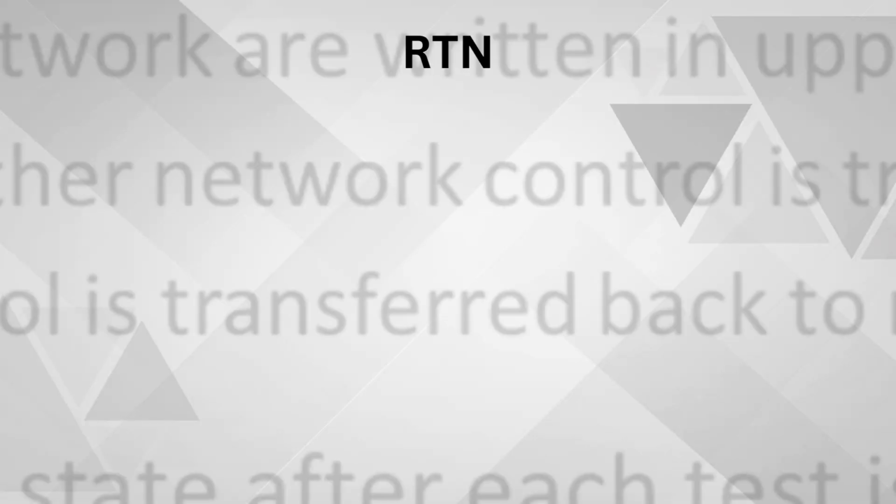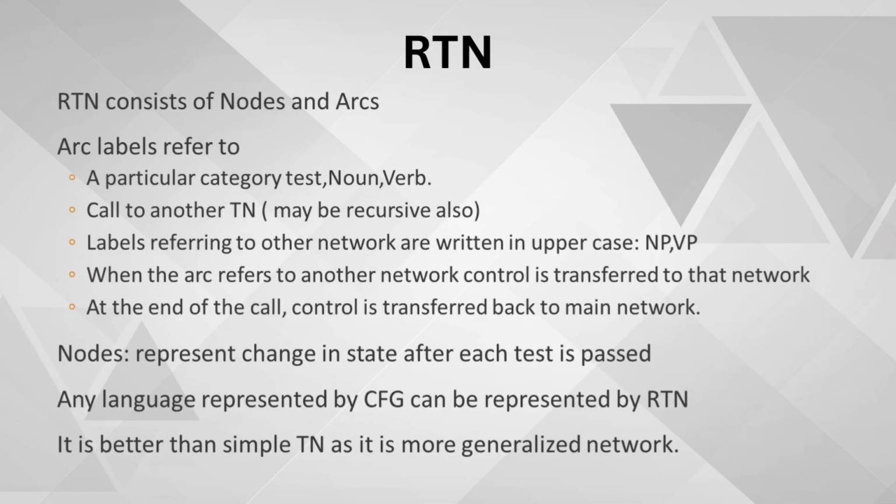The recursive transition network is recursive because the arc labels refer not only to a particular category test, but at times also to a call to another network, like we perform in programming a call to a function or a procedure.